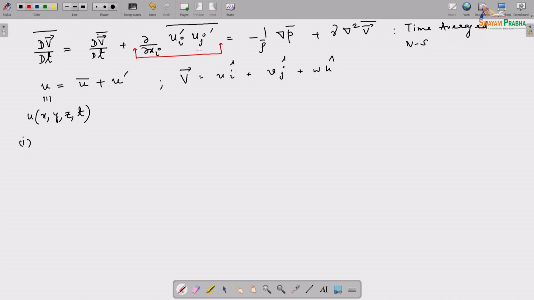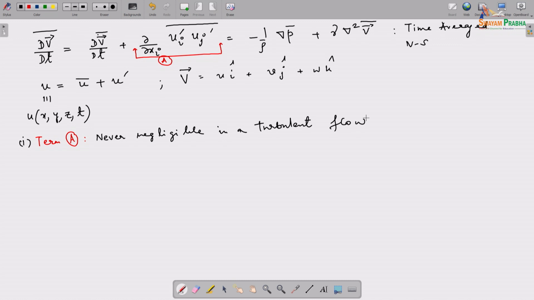I'm going to call it, say, A. So what I'm talking about here is term A. If I do that, it is never negligible in a turbulent shear flow. Actually, we'll get to that later.